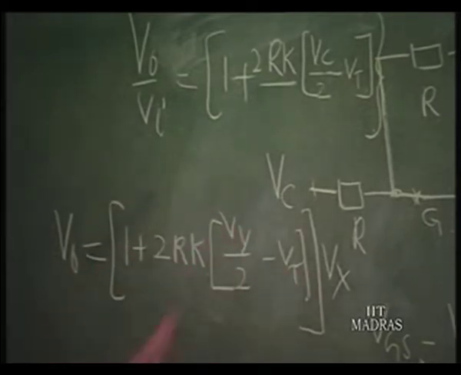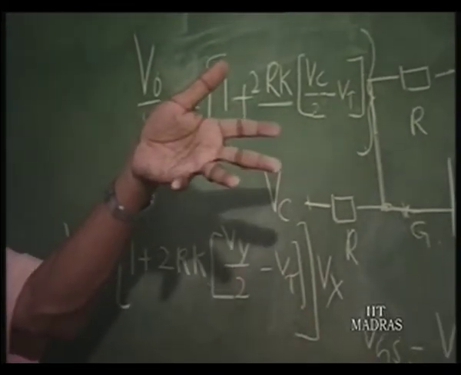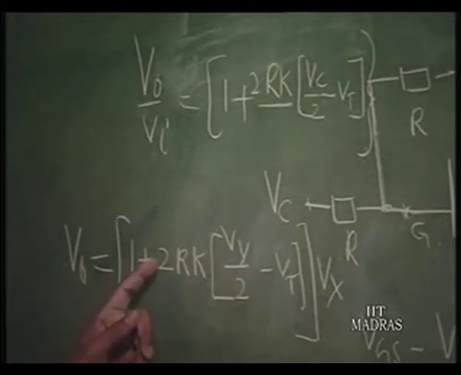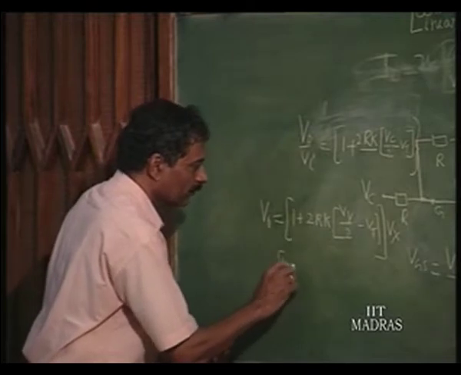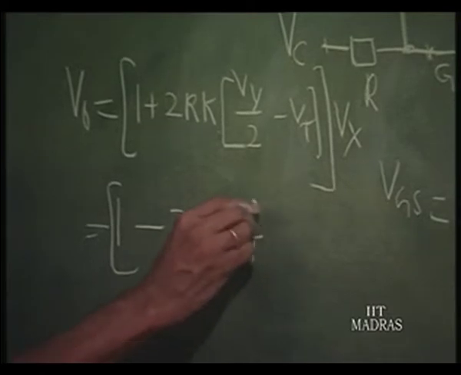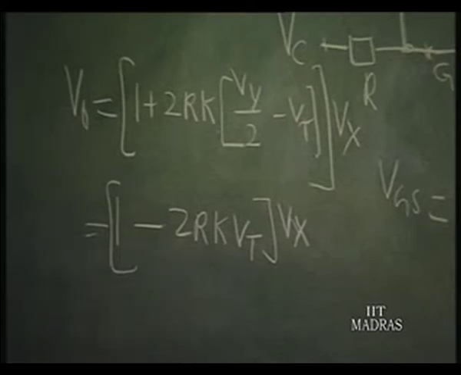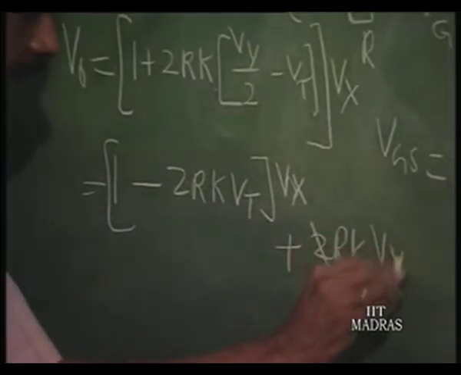You can actually remove this feed through component by using another subtractor, right. So, we can remove the feed through component which corresponds to (1 minus 2RkVt) into Vx, right. So, this has 1 minus 2RkVt into Vx, that is the feed through component, and plus 2Rk by 2 into VyVx.